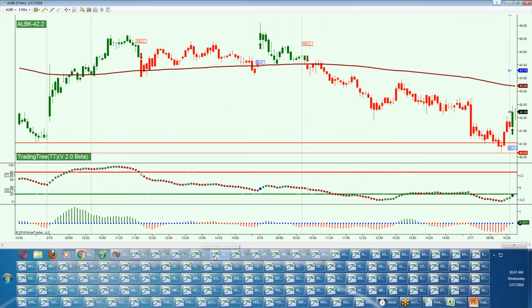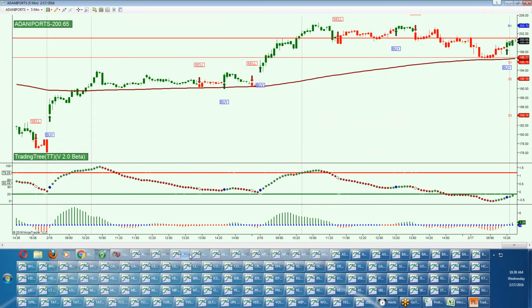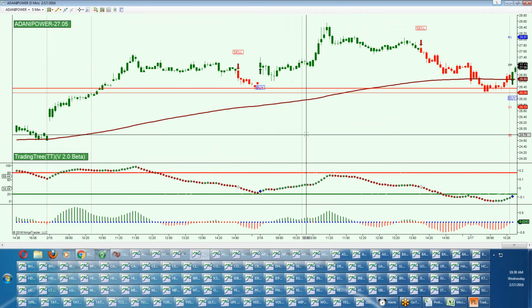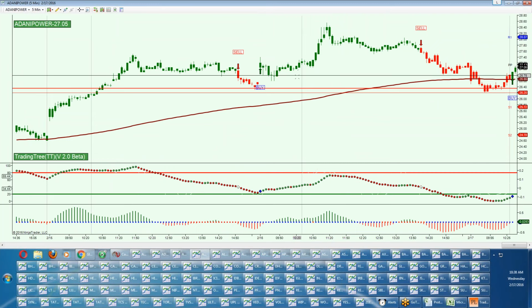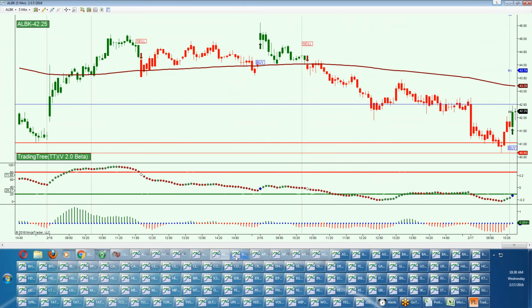Adani Power, we can expect a buy. So ALBK, your entry is 40 to 50. So let me just give you some buy calls. We'll get a buy in Adani Enterprises. Adani Ports, we already have a buy. So Adani Power, your entry is this 2690. So ALBK, you have that entry.